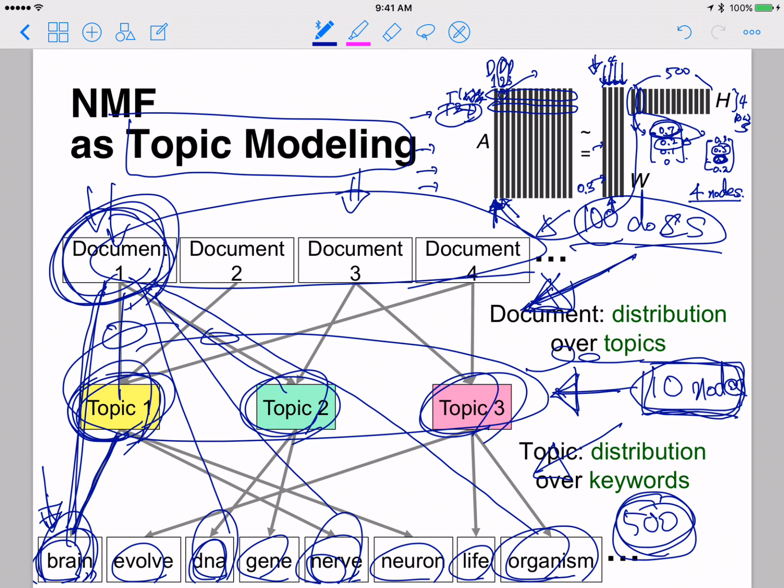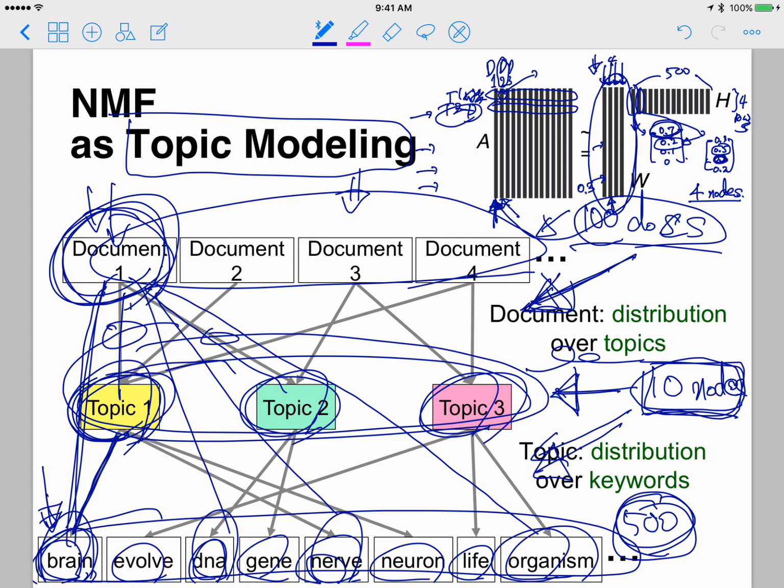That way, this part specifies the relationship, the linkages, between the 4 topics, or 4 intermediate nodes, and the entire 500 keywords. And then in this H part, each column specifies the weights, for example 0.7, 0.2, 0.1, and 0.